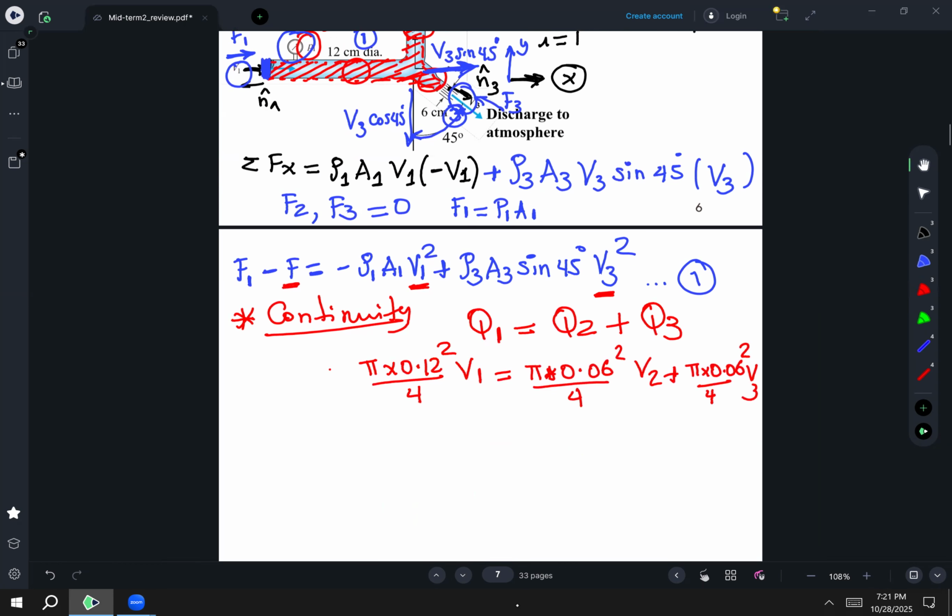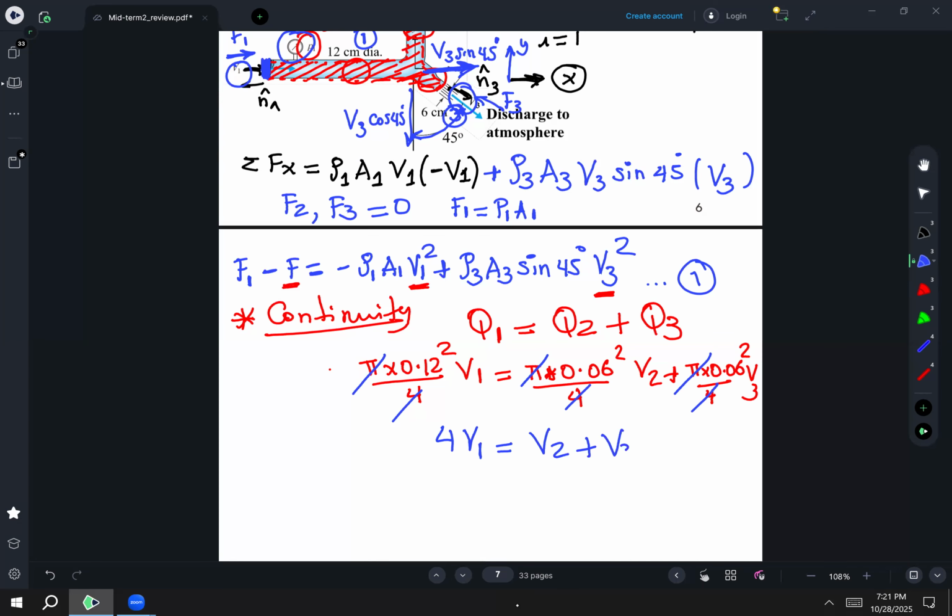Okay, so we can simplify the pi's and 4's on both sides. 0.12 is twice 0.06. So we can simplify that.